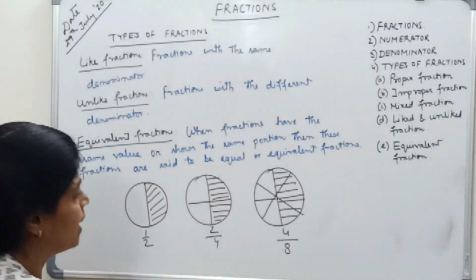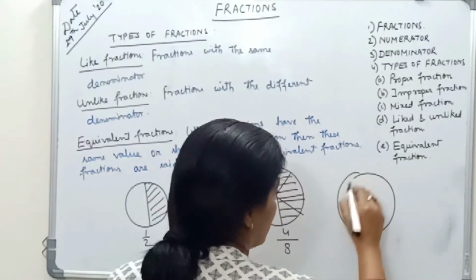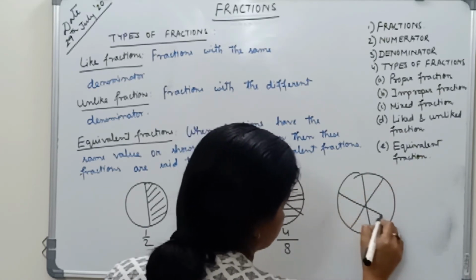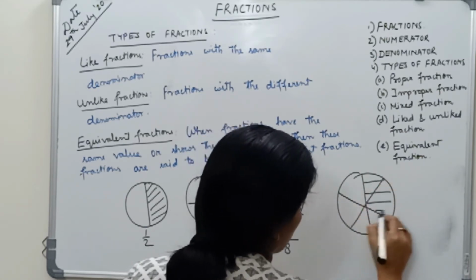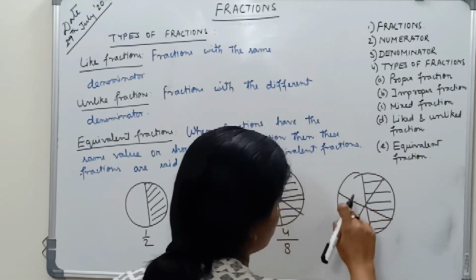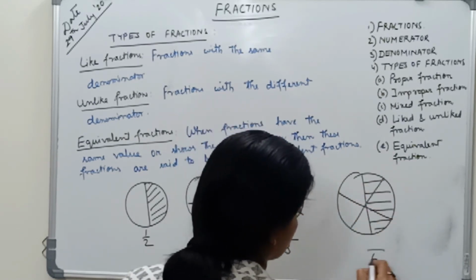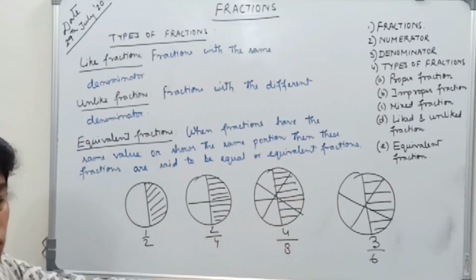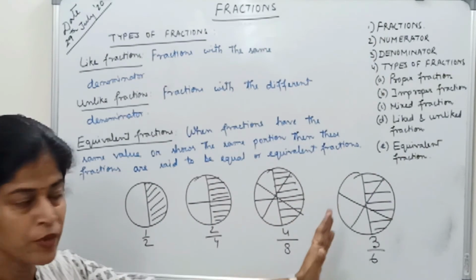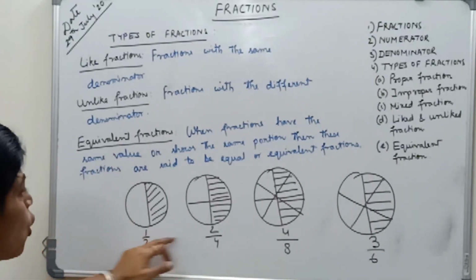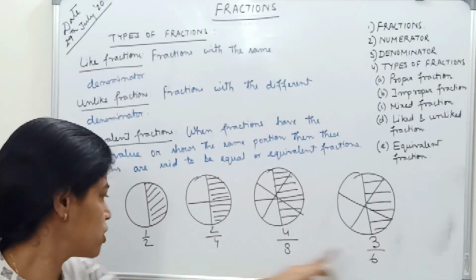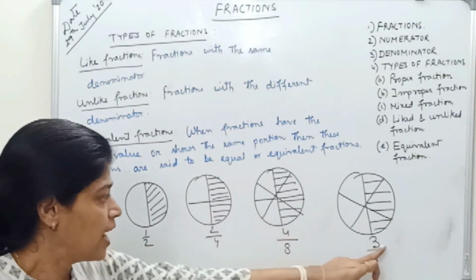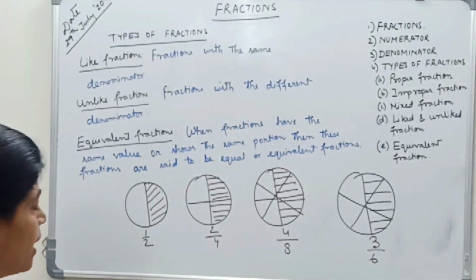And here, 1, 2, 3, 4, 5, 6, 3 out of 6. This is also showing the same half portion. So these shaded portions are all equivalent fractions, meaning half is equal to 2 by 4, 4 by 8 and 3 by 6, all are equivalent.